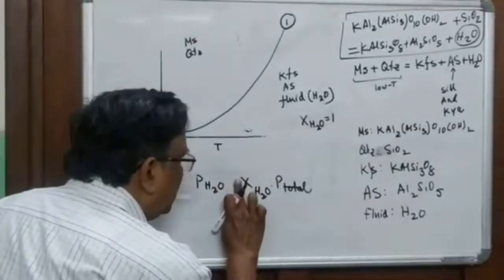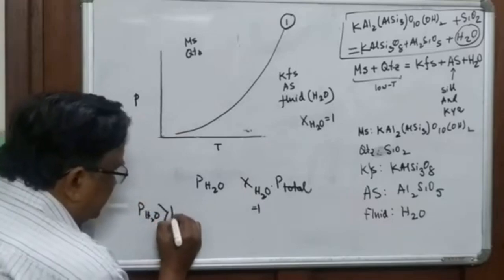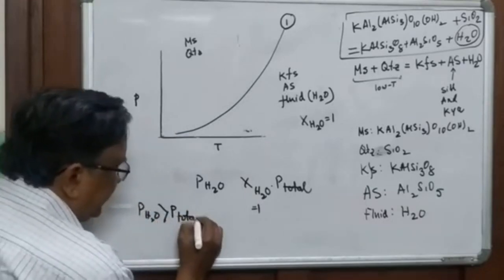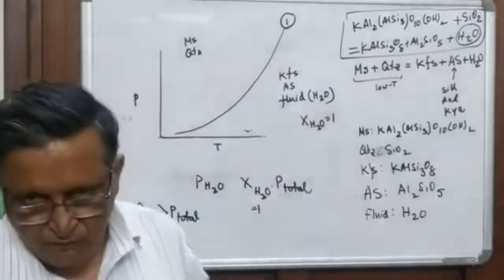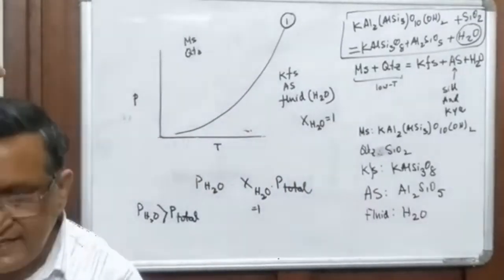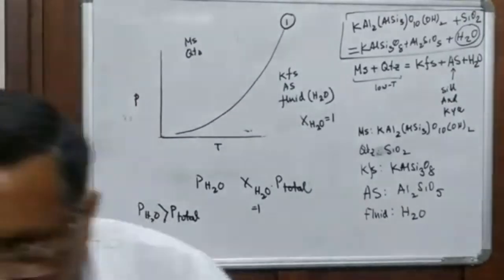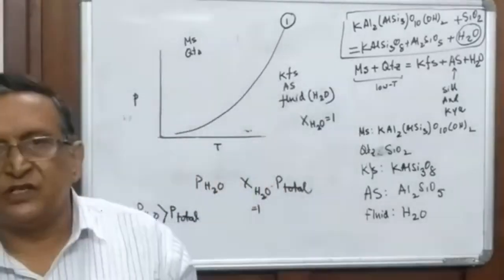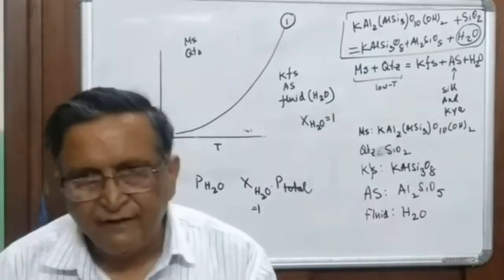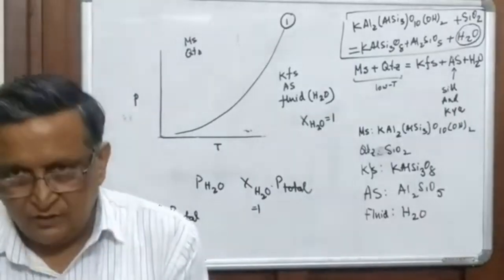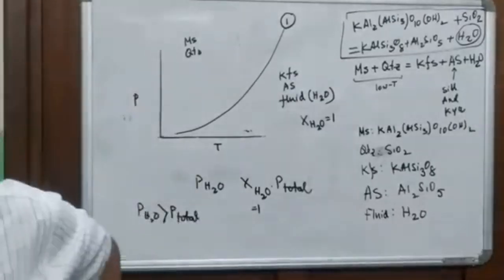If pH2O is greater than P total, then the pressure of the fluid is more than the pressure above it. So this will cause cracking of the overlying crust because nature does not tolerate this. If you have a fluid overpressure, then the rocks above it would crack to release the extra H2O.